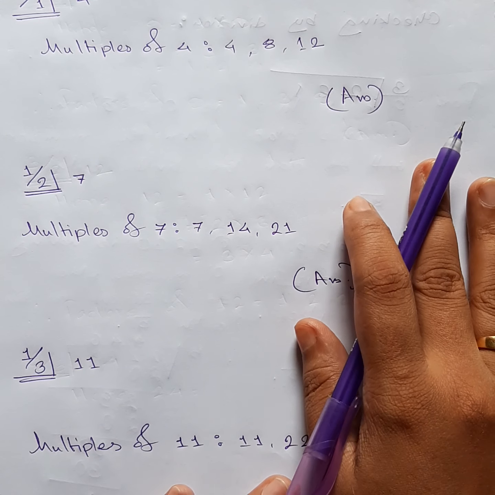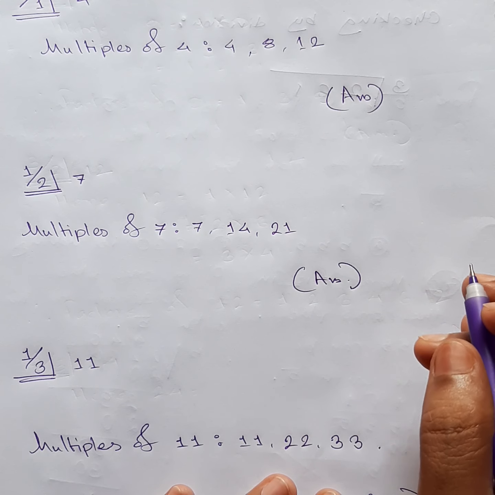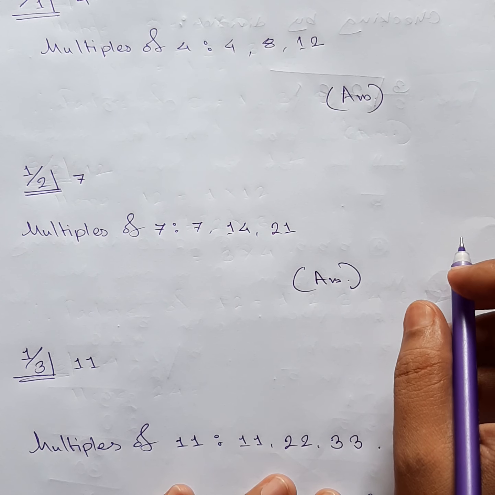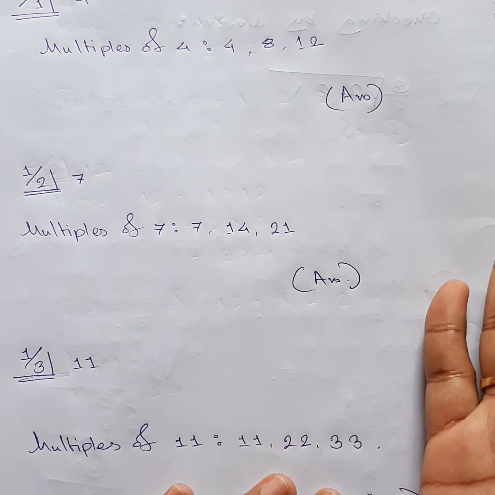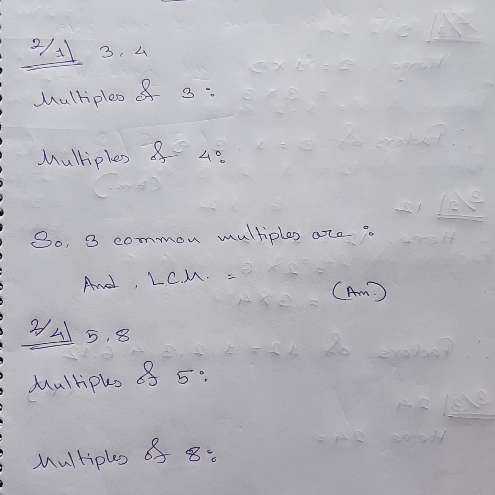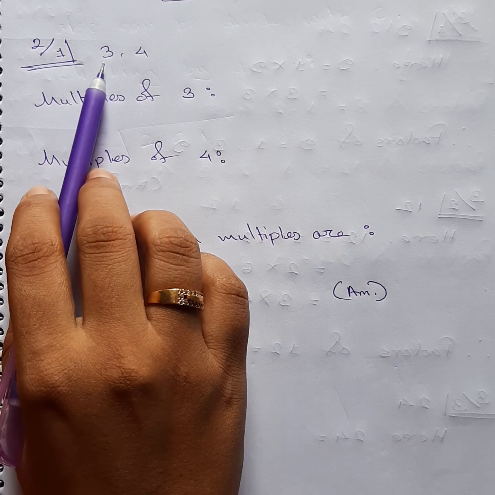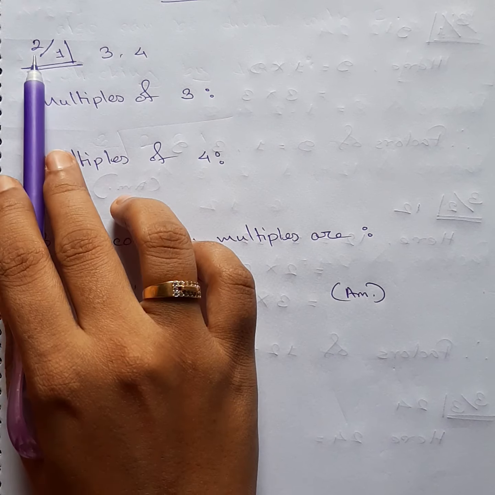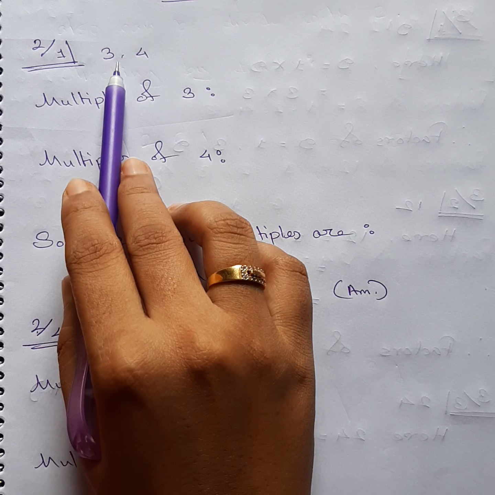And now the second one, they say list 3 common multiples for the following pairs of numbers, ordering them from the smallest to greatest. That one is for 2 numbers. Let's see. Here they gave us the first pair of numbers, 3 comma 4.